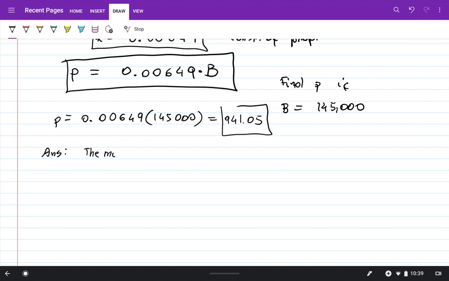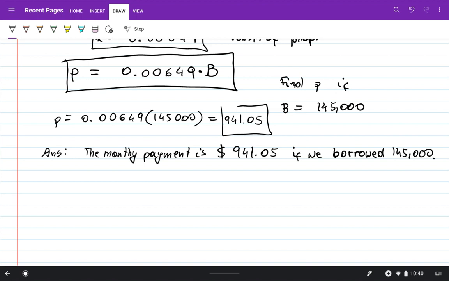So the monthly payment is $941.05 if we borrow 145,000.